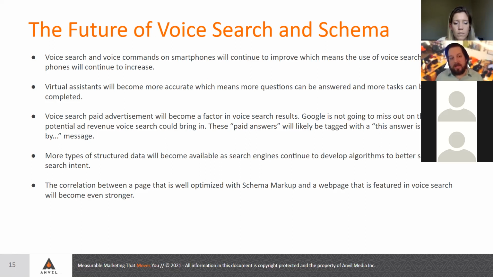We really think that voice ability for everything on your smartphone is going to continue to increase and expand. Virtual assistants will become more accurate. Similar to the smartphones, they will become smarter, able to do more tasks, answer more questions. So we definitely see those virtual assistants, those countertop assistants, expanding in their functionality as well.